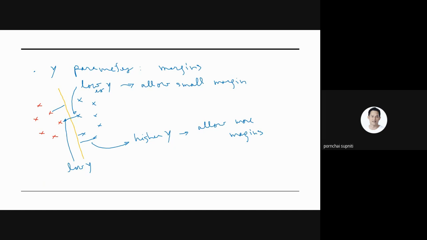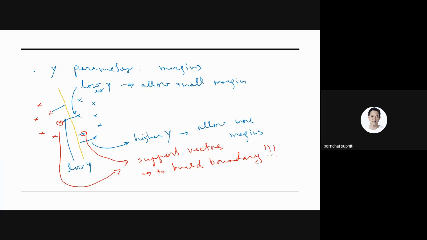Also, the points that we use to build boundaries, we call support vectors. For example, this can be considered a support vector. And what does it support? It supports building the boundaries, depending on how many of them you want to use.